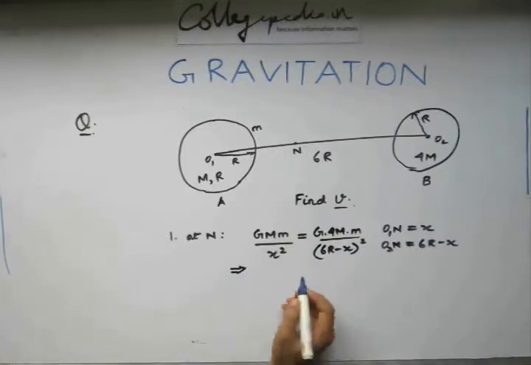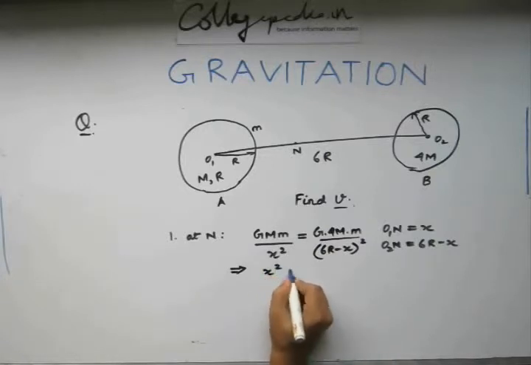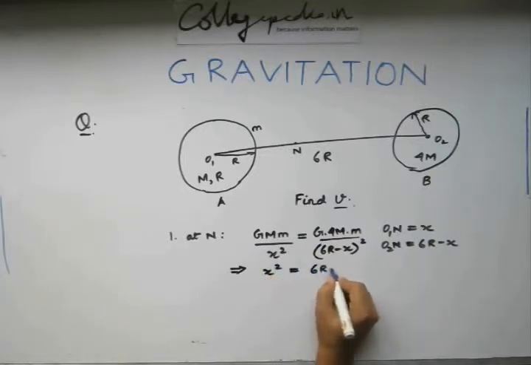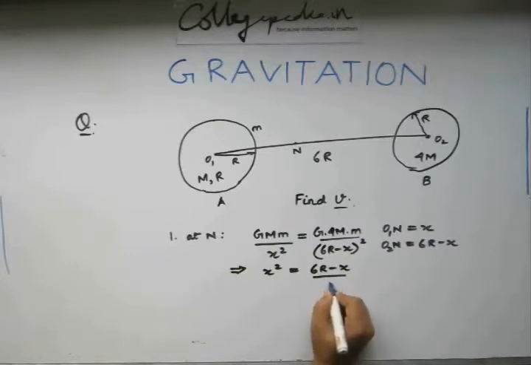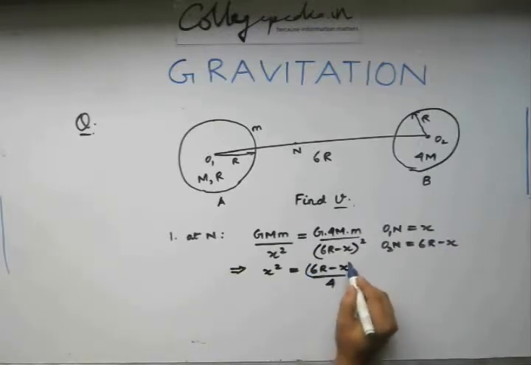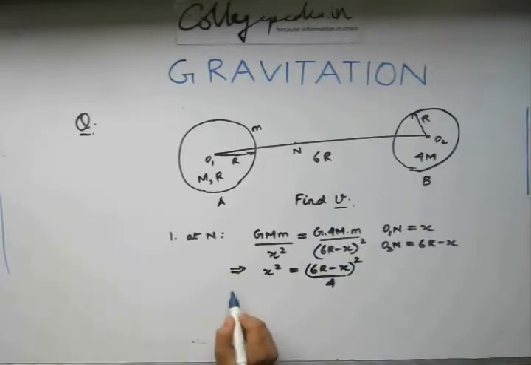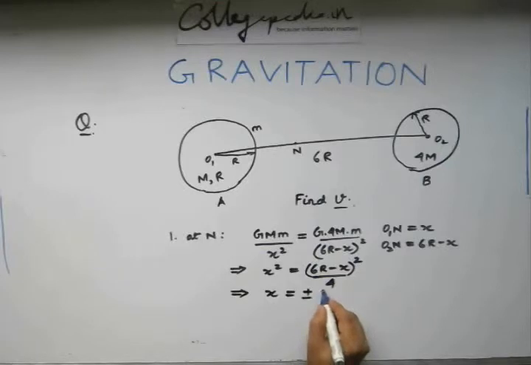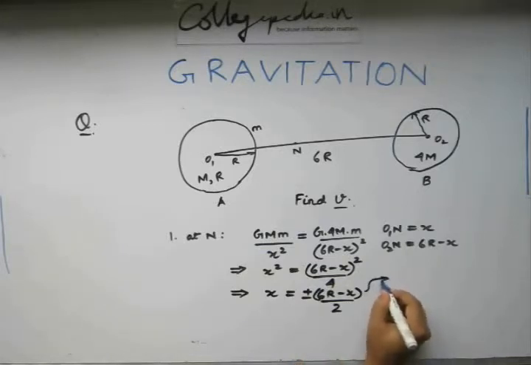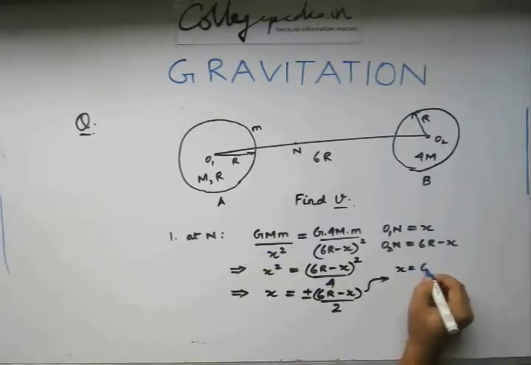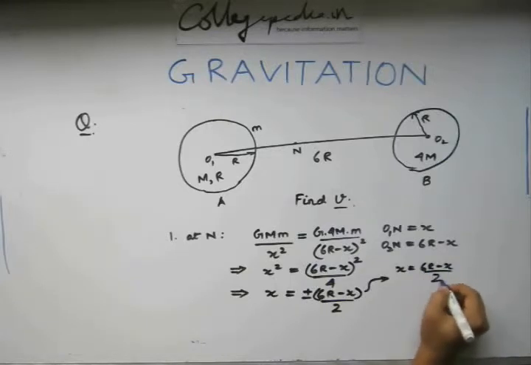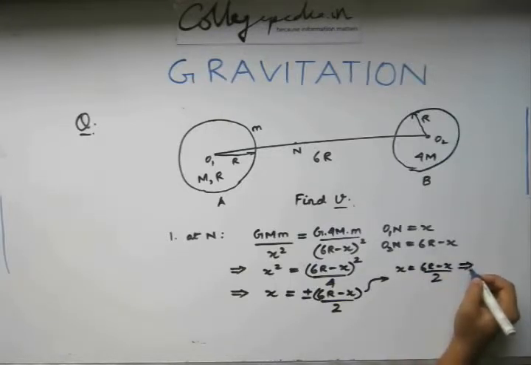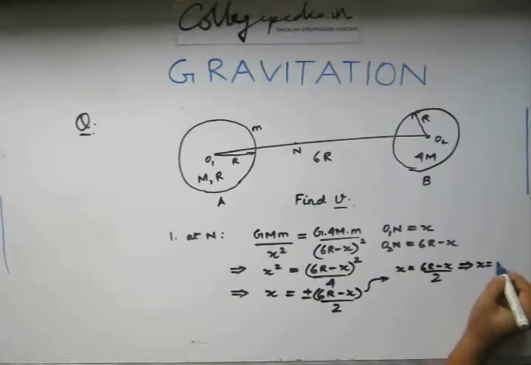So what we have is x square being equal to (6r minus x by 4) square. Therefore, x is equal to plus minus (6r minus x) divided by 2. From this, we can have x is equal to (6r minus x) by 2, which gives us x equal to 2r.